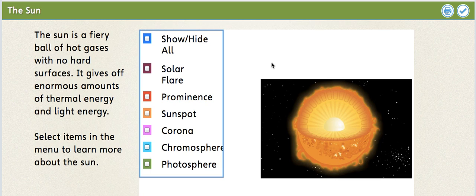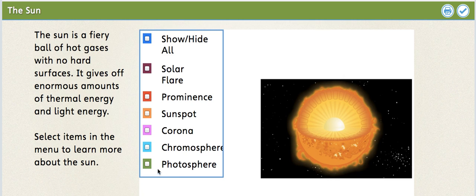As a revision, we said that the Sun is a fiery ball of hot gases with no hard surfaces. It gives off enormous amounts of thermal energy and light energy. And we said that the layers of the Sun are divided into three parts.